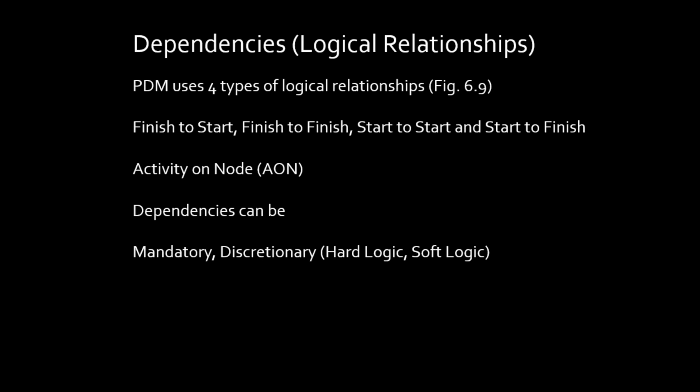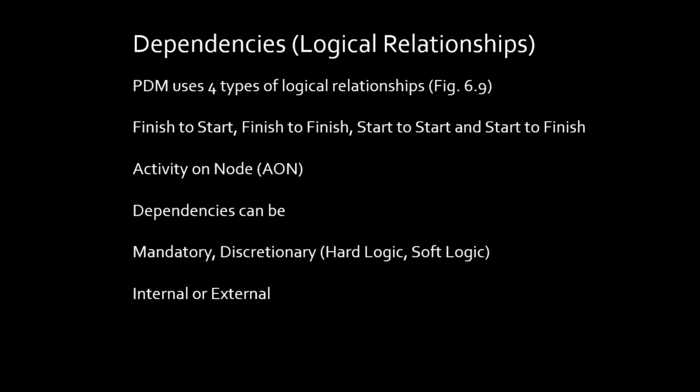The test is going to either use the words mandatory and discretionary, or they're going to use the terms hard logic or soft logic, because these are logical relationships. Just like if you guys did any PLCs, it's like a ladder logic kind of thing. But I want you to keep that in mind. Think like a project manager for a second: these dependencies can be either mandatory or discretionary. And if they're discretionary, then maybe I can move them around later. I might need to.